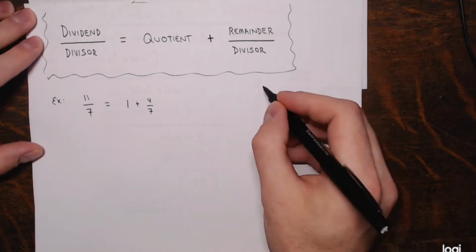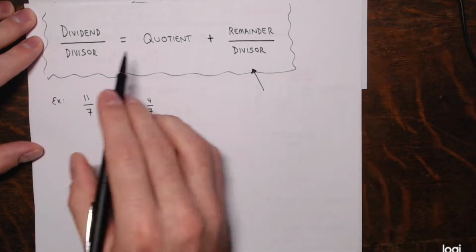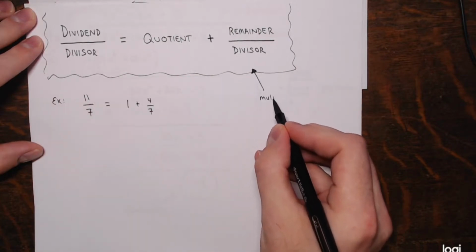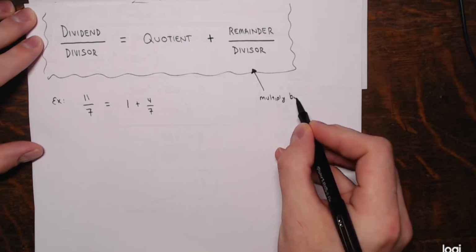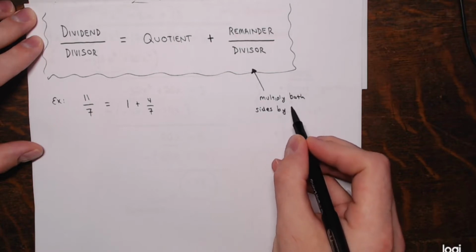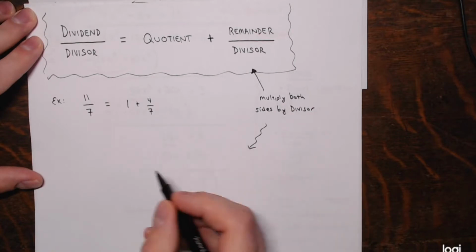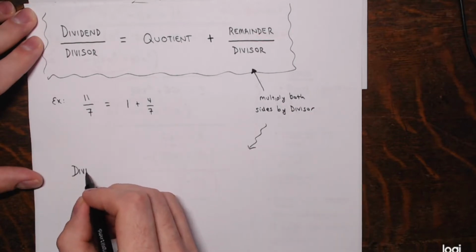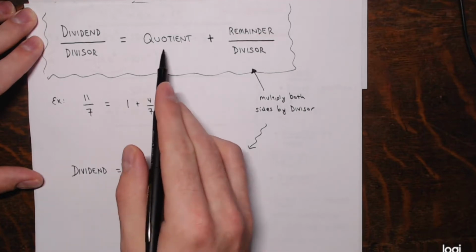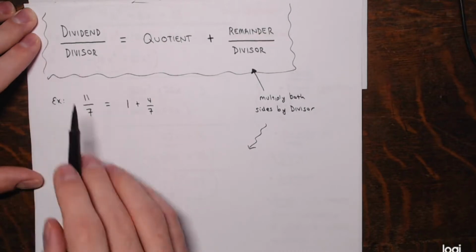Now, if you were to take this equation I wrote up here, if you were to multiply everything on both sides by the divisor, we'd get the following. We'd have the dividend equals the quotient, if I multiply by the divisor, on the left side the divisor cancels, I'm left with the dividend.